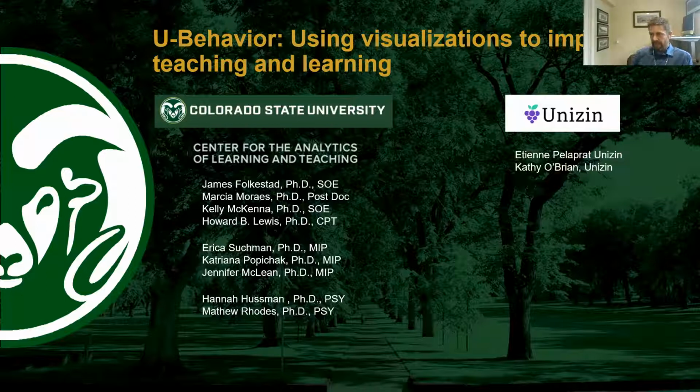And it's a collaboration with Unizin as well, because Unizin has given us some research funding to look at migrating U behavior over to Unizin server and then potentially using UDP data at some point. So we're excited about the efforts that have gone on there, and I can address some of those at the end of the presentation.